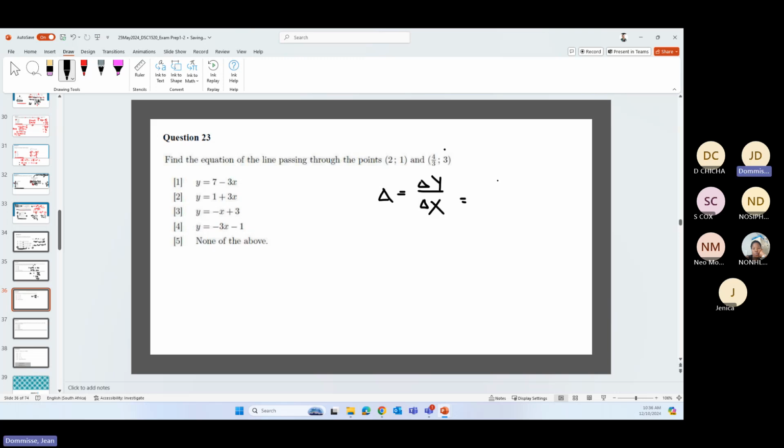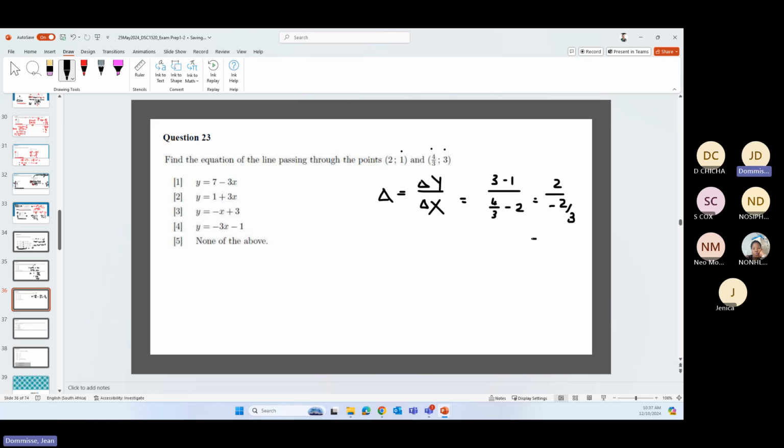So let's do the y is 3 minus 1. The x is 4 over 3 minus 2. At the top, 3 minus 1 is 2. At the bottom, again, I am going to use my calculator. 4 over 3 minus 2 gives me minus 2 over 3.